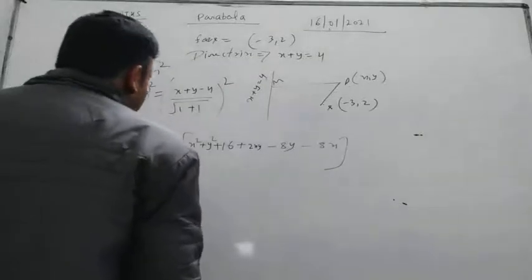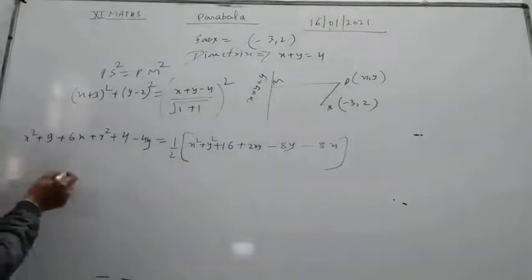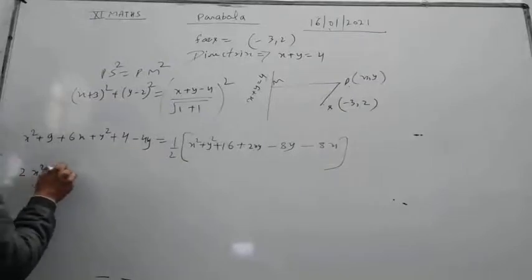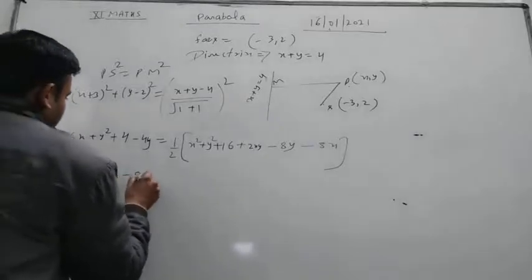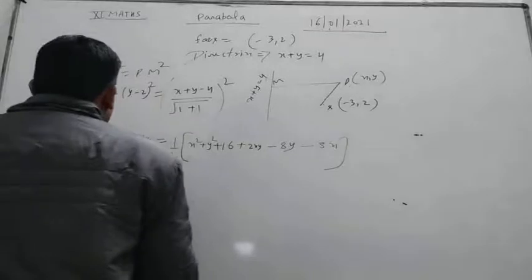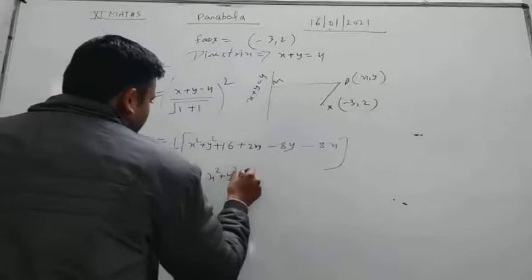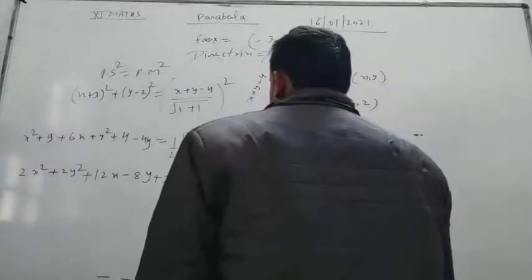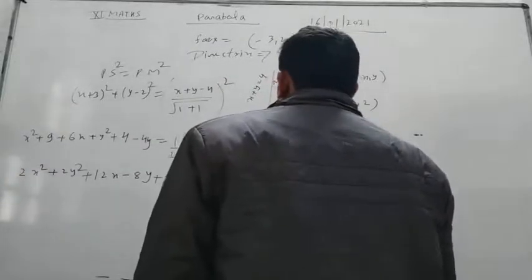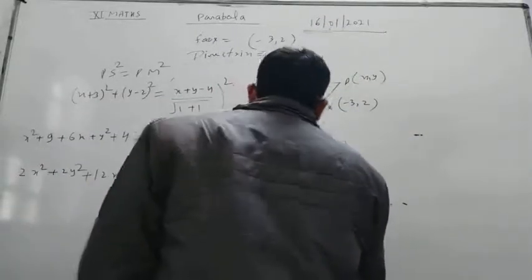Now this is the expansion. Now we send this 2 to this side. We get 2x square plus 2y square plus 12x minus 4y, and this is 9 and 4, 13, and 2, 26. And this part is x square plus y square plus 2xy minus 8y minus 8x.